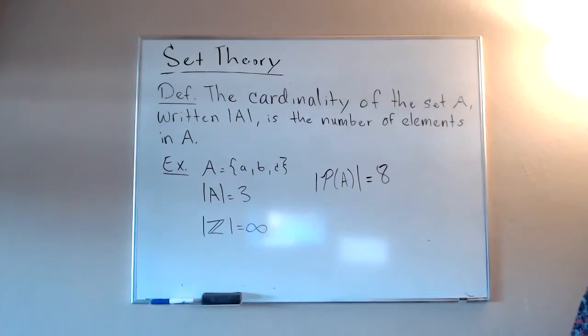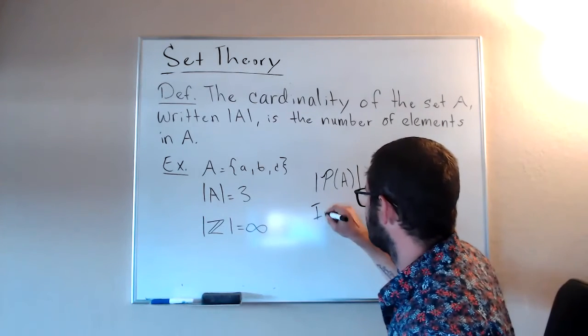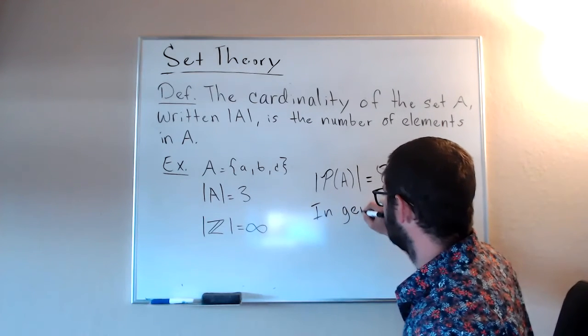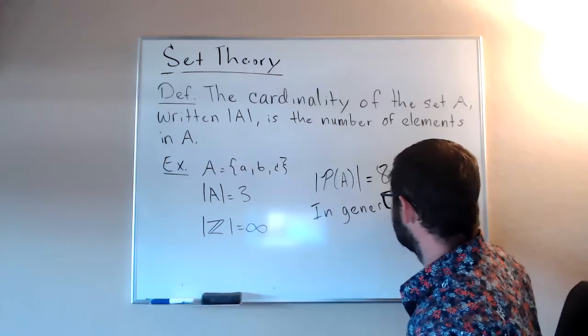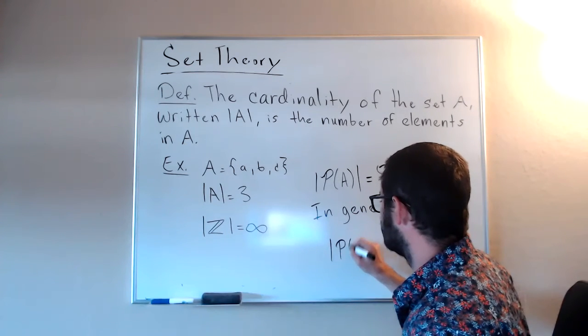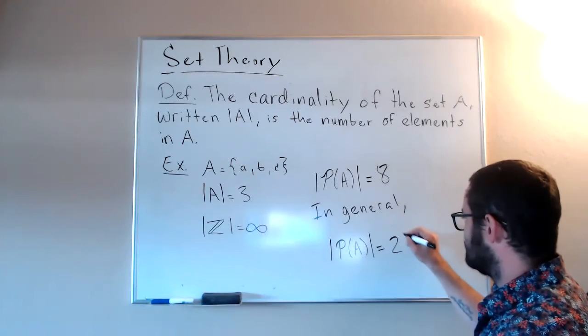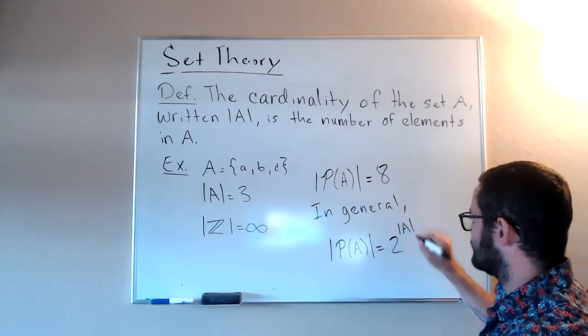We have 8 elements in there. But in general, the cardinality of the power set of the set A is equal to 2 raised to the cardinality of A.